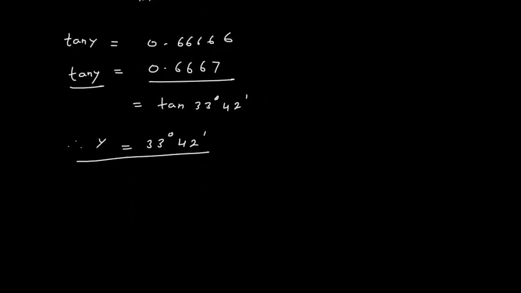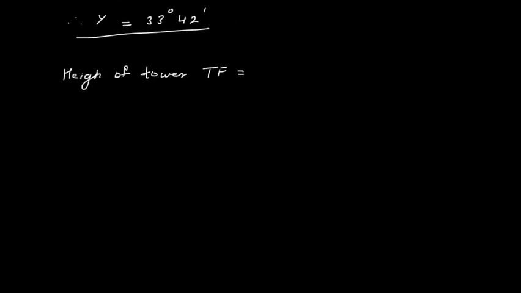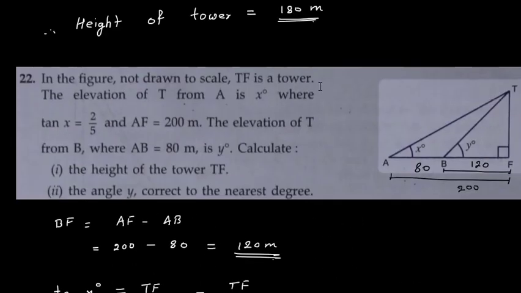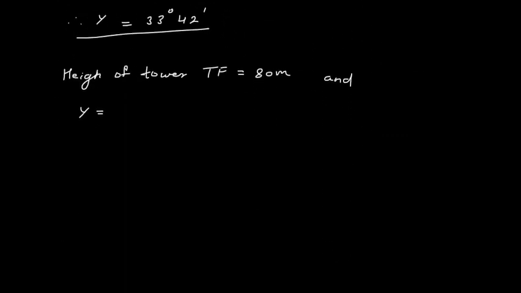The height of tower TF is 80 meters. And this angle y is 33 degrees 42 minutes. The angle is to be corrected to the nearest degree, so y is 34 degrees. Height of tower is 80 meters and this angle y is 34 degrees.